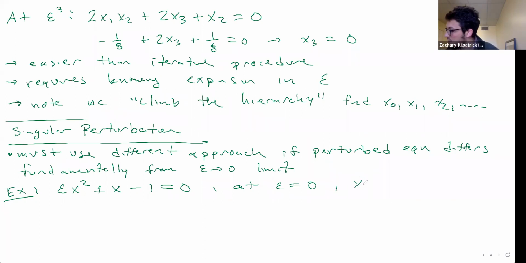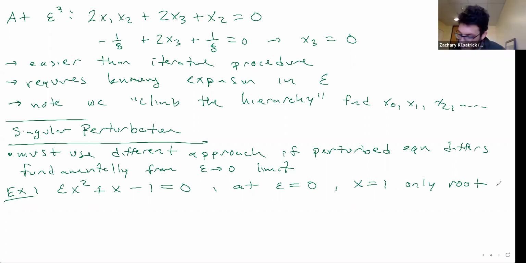At epsilon equals 0, x equals 1 is our only root. And the question is, do both roots that emerge, do they both emerge from x equals 1? Or does one appear from infinity or something like that?